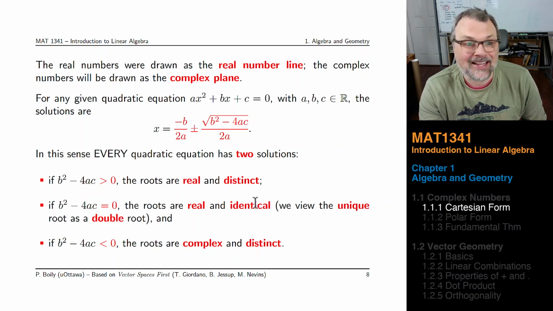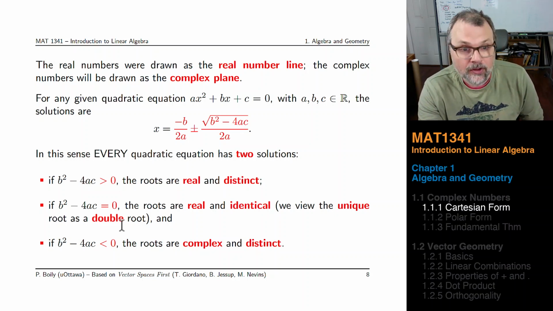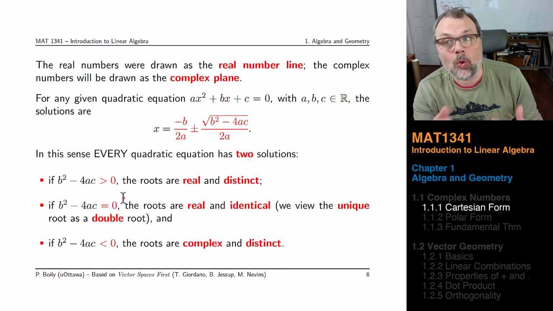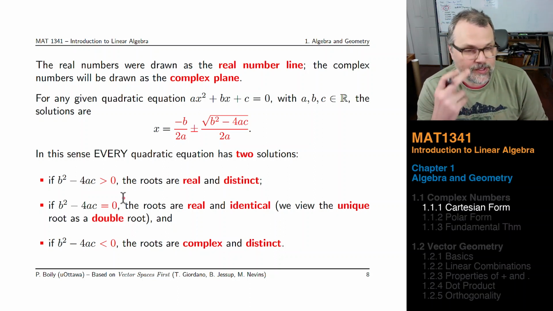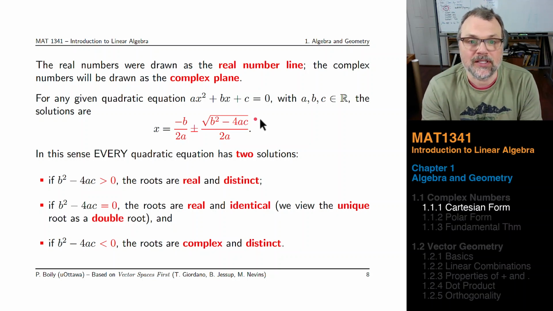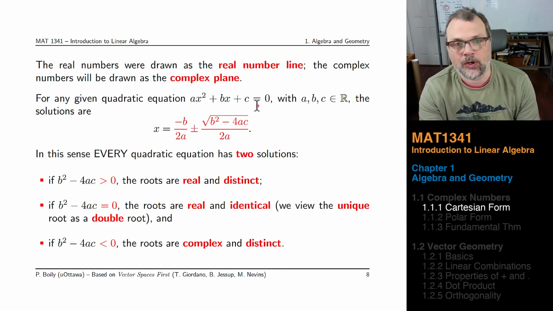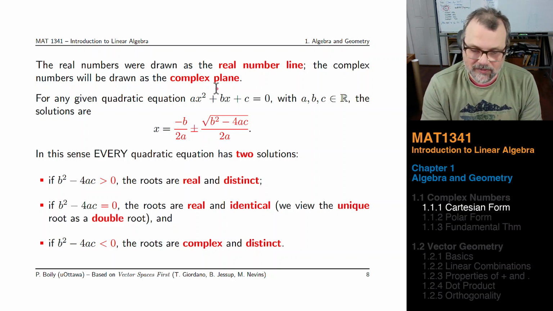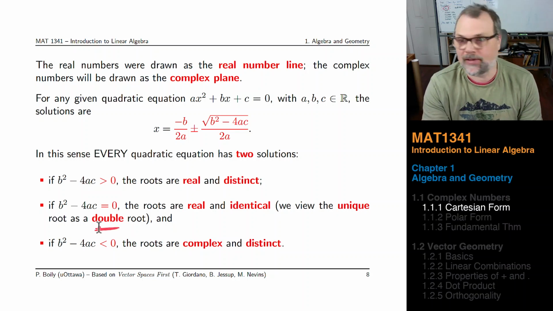And so in that case, we think of the root, which is unique, as a double root. We count it twice. And if b squared minus 4ac is strictly negative, then the roots are complex because this little bit here is a negative number. You're taking the square root of a negative number. You will end up with imaginary terms in here, and they're distinct as well. So it's a little bit of a cop-out to say there's always two roots because you say, well, there's only one, but we count it twice.